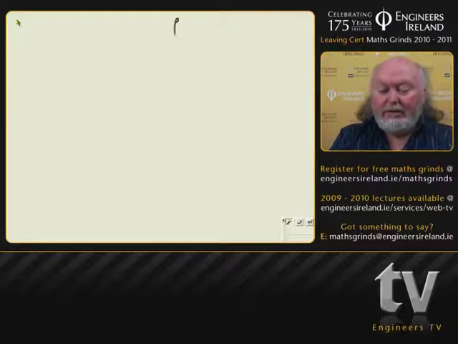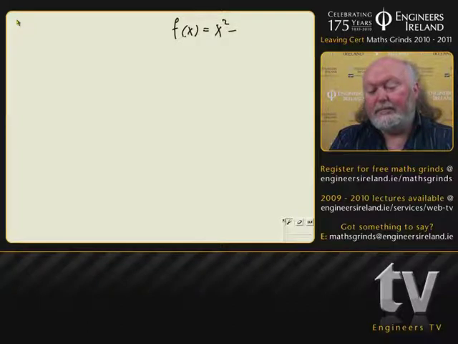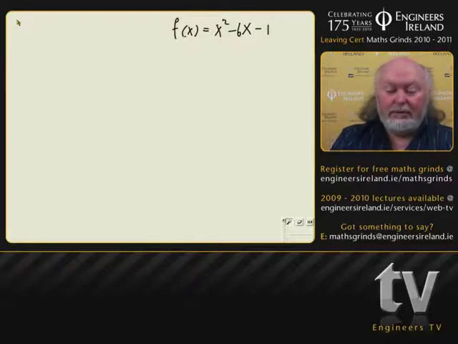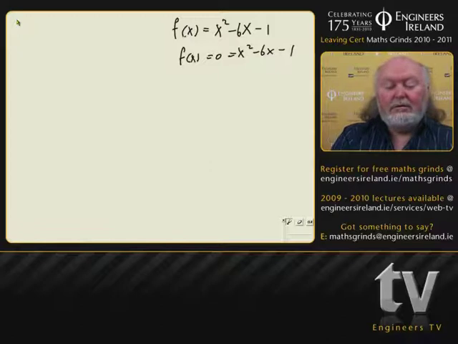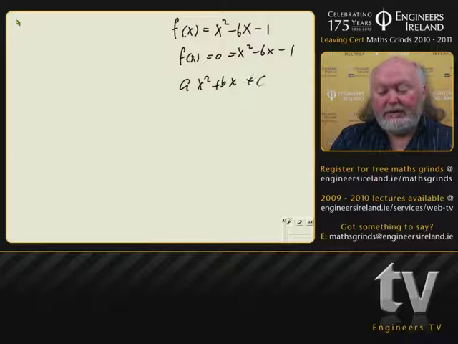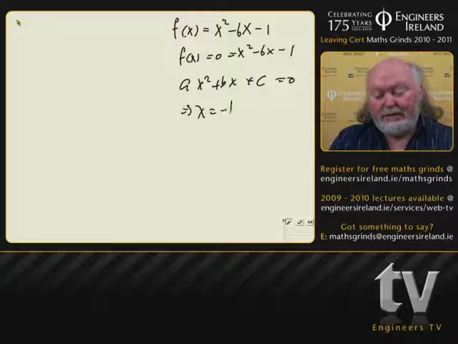Let's say we have a function and we want to find roots to this. We can start with our ax squared plus bx plus c equal to 0, which implies that x equals minus b plus or minus the square root of b squared.